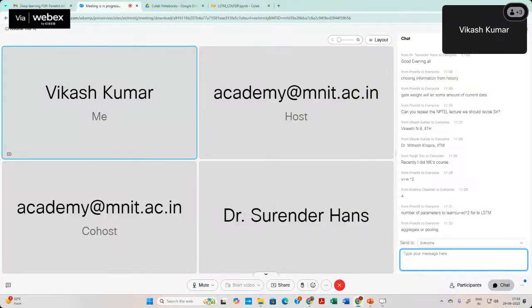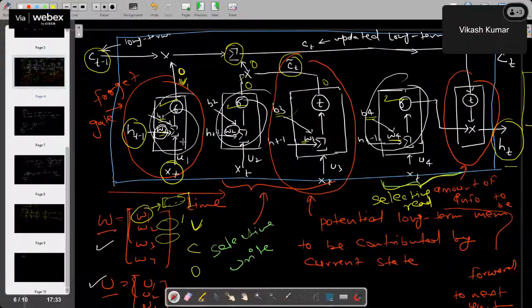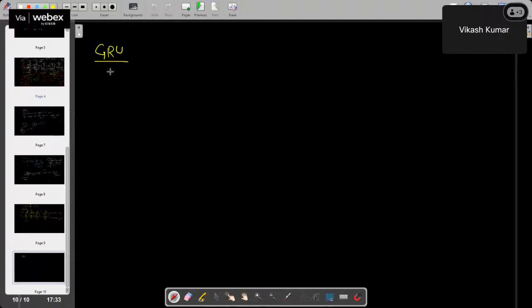Yes, exactly. We are going to combine something so that the modules that seem to be redundant can be minimized. Okay, so in GRU that is the same thing we are going to do. What was the first thing that we are going to do in this case?